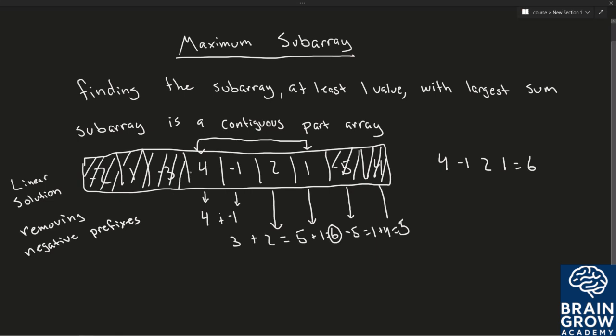We just slide our index down until we find a value that doesn't have a negative prefix, and then we begin enumerating all the different subarrays that can form from this starting index, which we were able to conclude was this 6 here, which in turn ended up being our maximum subarray.